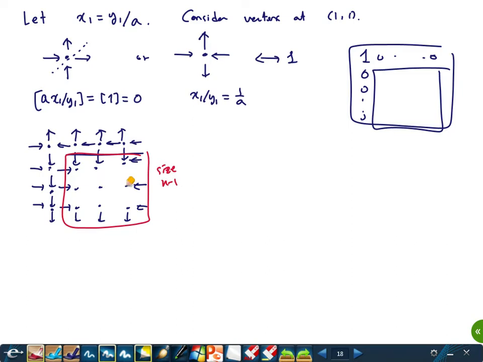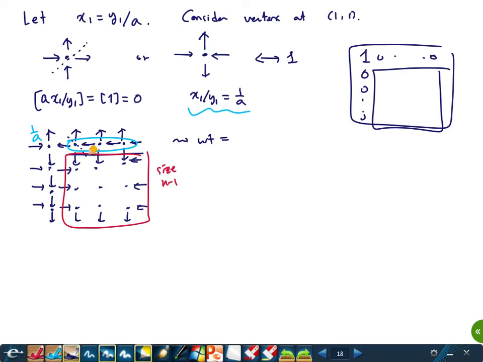Okay? So what is the weight of this? Here, if you look at this part, we know what these weights are, except this one. So here the weight is 1 over A. We computed this over here. What is the weight over here? This one, they all have this direction.